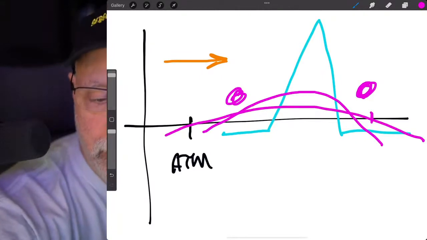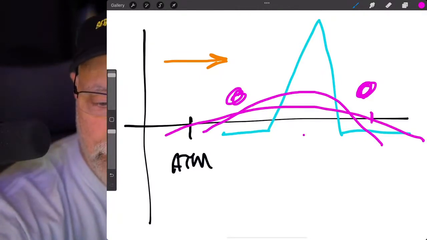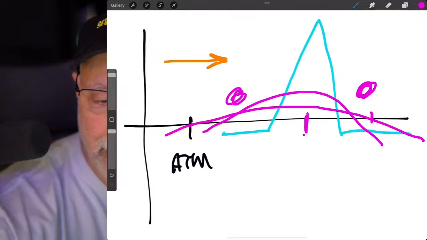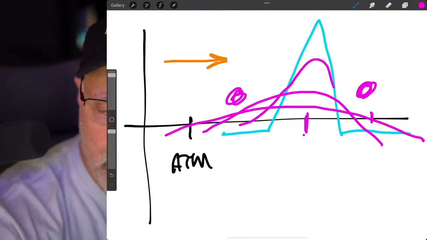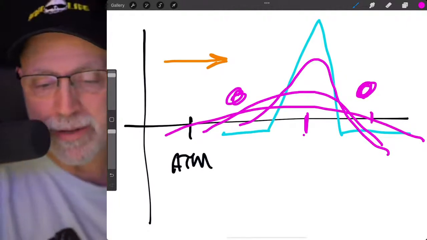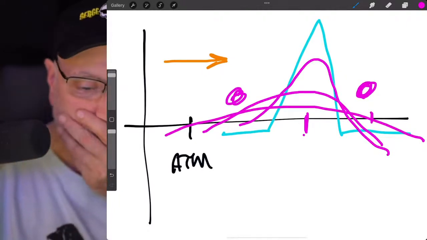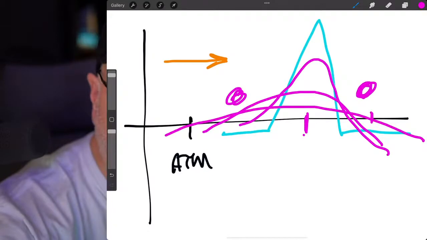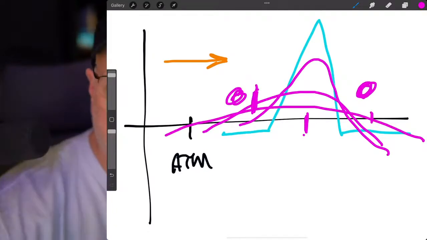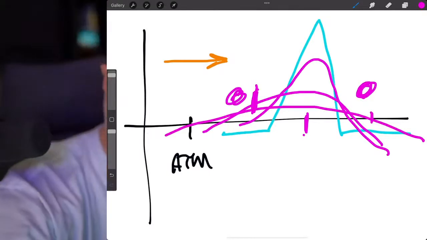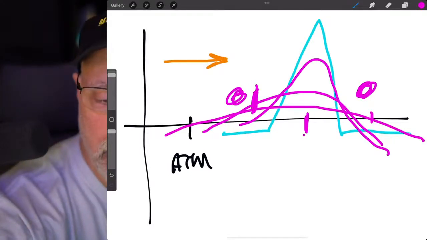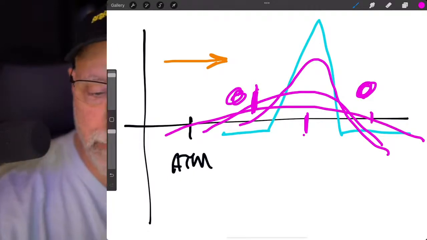Our ideal situation would be that the day ends up right here, and then we get something like this, and we maximize our profit. But even if we end up out here, we can still profit, and profit handsomely compared to the amount that we could exit the trade at compared to the risk.